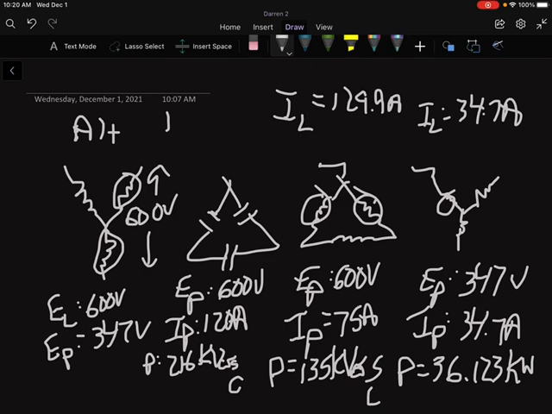Now the line current of the capacitor. We're going to be doing the same thing. So 120 times 1.732, we get 207.84 amps. We just took that 120 and multiplied by 1.732.